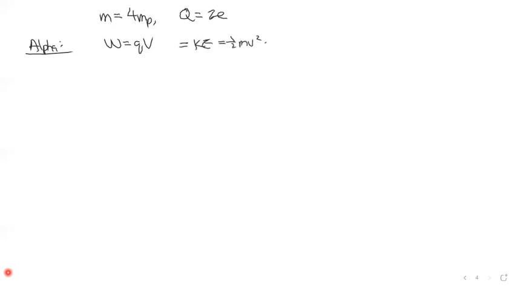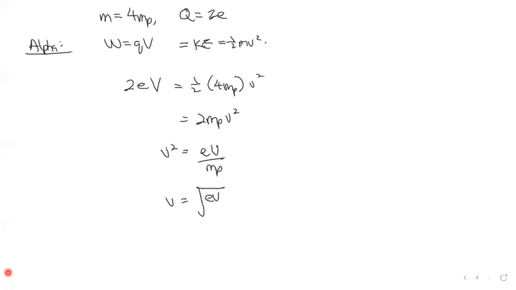Now, that means, in this case, your Q is 2e times V. That's equal to half times 4 mass times v squared, which of course is 2 m_p v squared. You can see that v squared in this case will equal eV over m_p, so that v must equal the square root of eV over m_p.